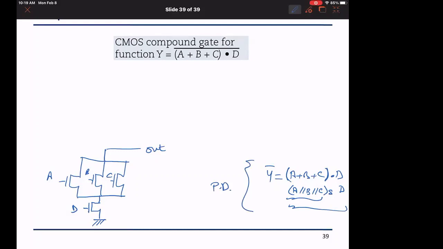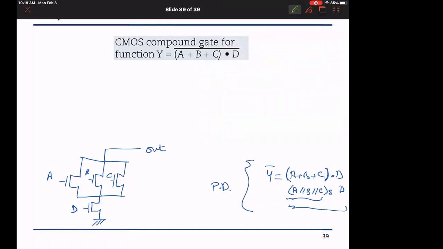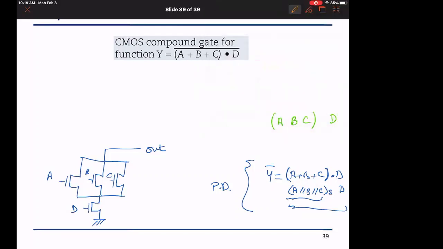Okay. And then we will come and draw the pull up. The pull up will be really the complement. So I keep the brackets, I keep the input ordering A, B, C, and D, and then I will start to vary the series to parallel, parallel to series. That is, this becomes series, and this becomes parallel, right? And you can do it by looking at the graph itself.